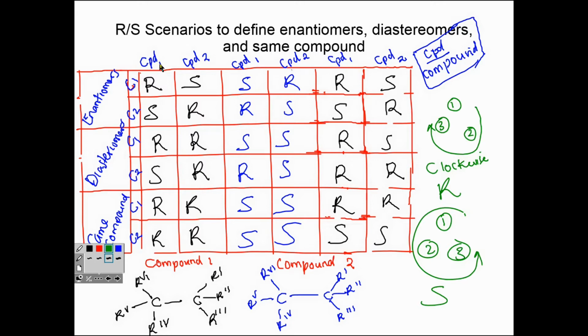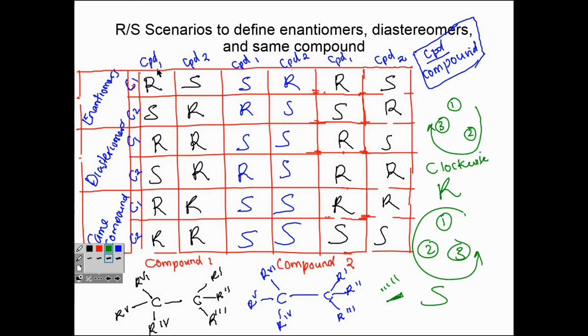So if you're comparing compound 1 and 2, down here, having the same number of atoms and everything the same, the difference being the dash, the hatched wedge bond, around some of these R groups.